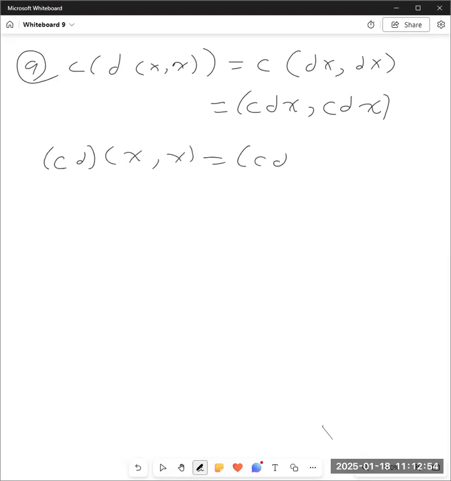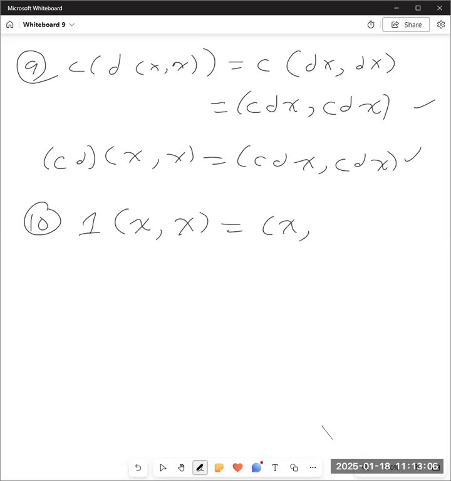That's c dx, c dx, so that's the same thing. And 10 says if I take 1 times x, x, that needs to equal x, x, and it does. So therefore, V is a vector space.